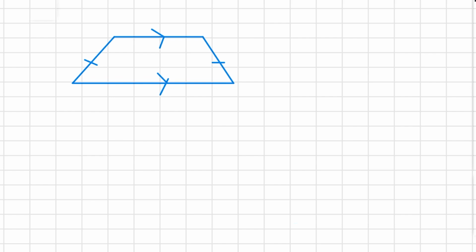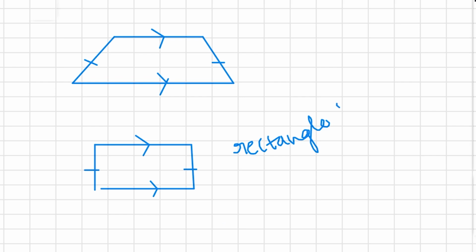If the same diagram is like this, with parallel and equal sides, is it a rectangle? Can you call it that?